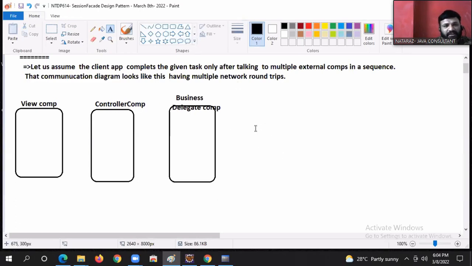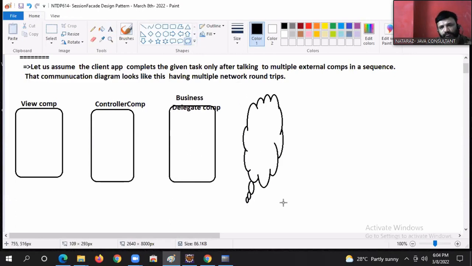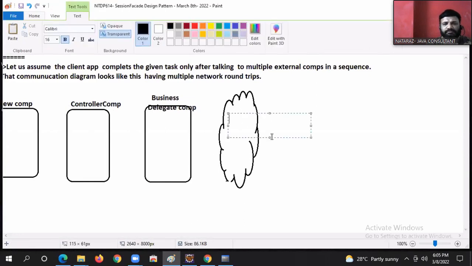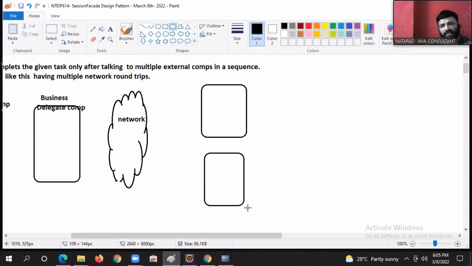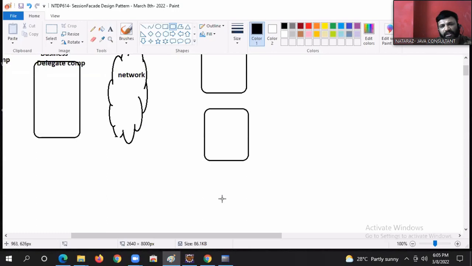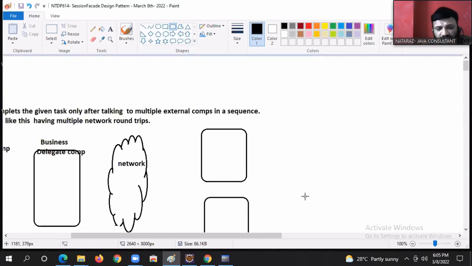Now listen, here is my network. Next, here is my external component 1, external component 2, and external component 3.